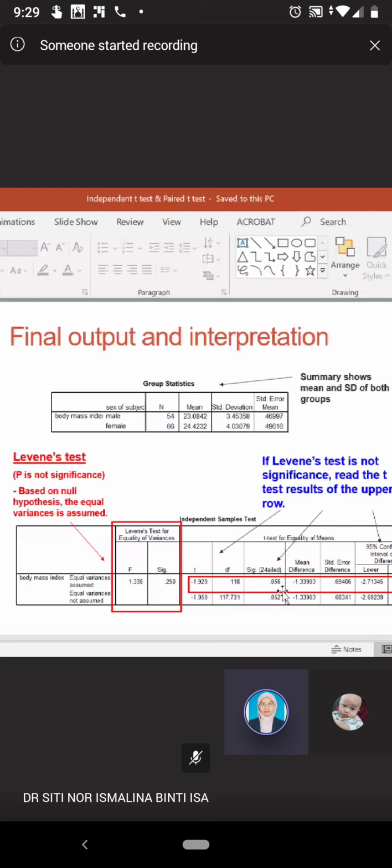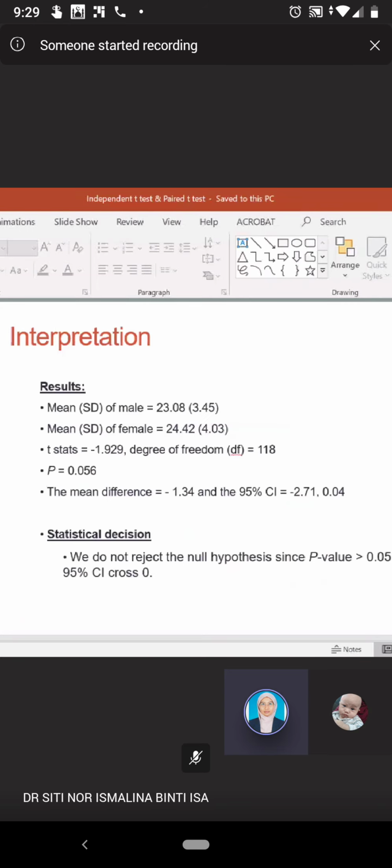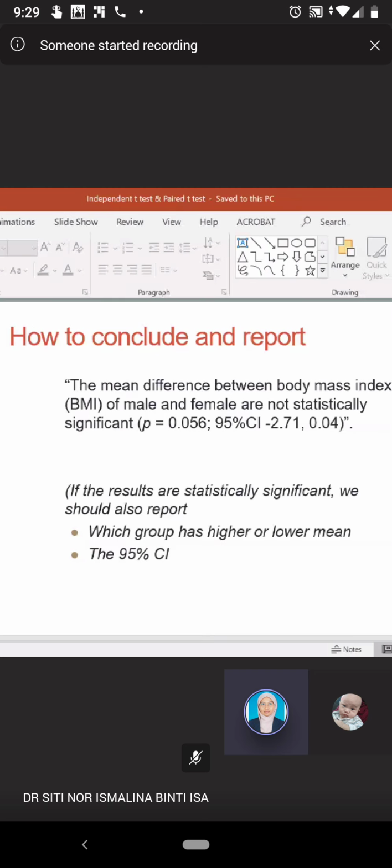So we can conclude that based on our hypothesis, we do not reject the null hypothesis, and there is no significant difference of BMI between male and female, right?